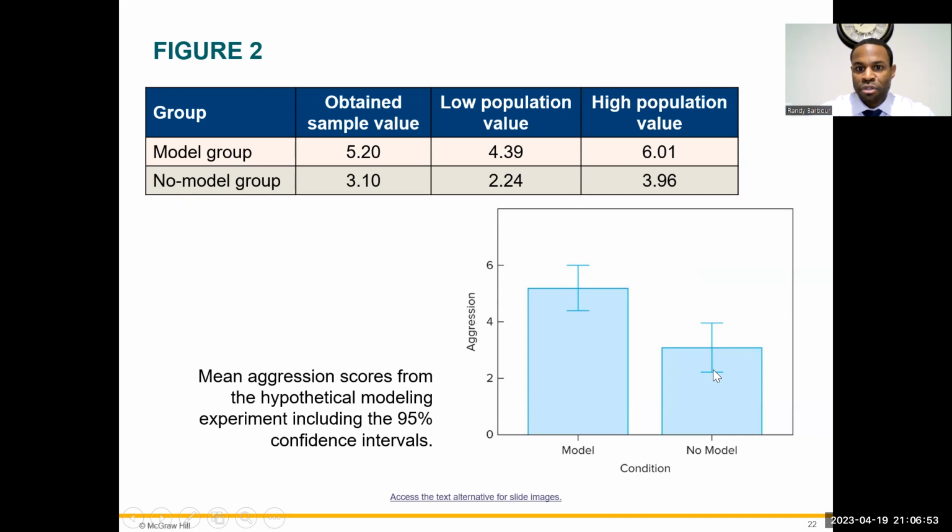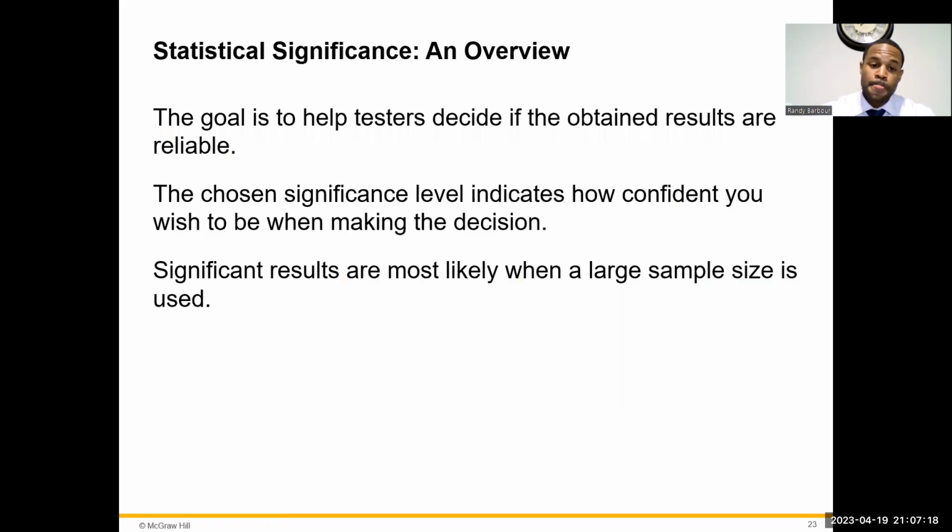The lower bound is 2.24, and the 3.96 is right here at the top, right? So that's your range, and you're 95% confident that your true population value for your mean is going to lie somewhere within there. Okay, and that gives me a good indication of how confident I can be. That's one of the effect size measures that I use.